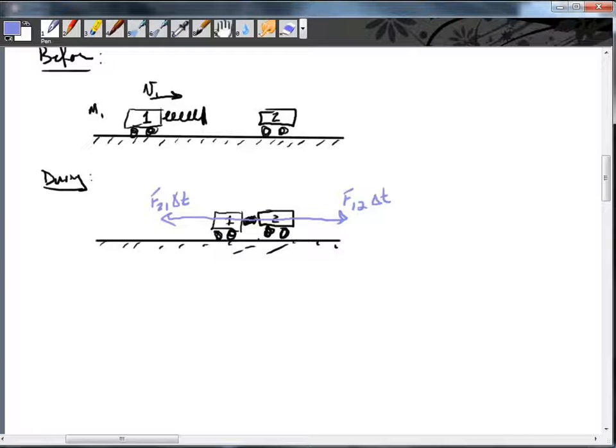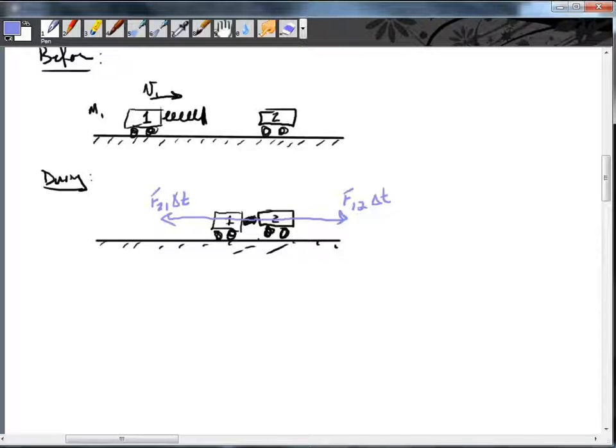These forces are exerted on each other over a period of time. Well, what do we know is force times time? We just defined it. Not force times distance; that's our work. Do not confuse these. Force times distance is work. Force times time is our impulse.